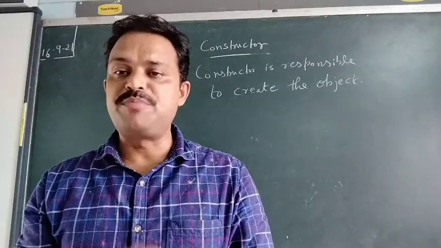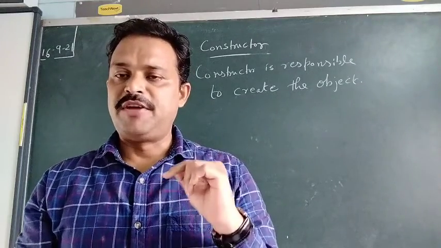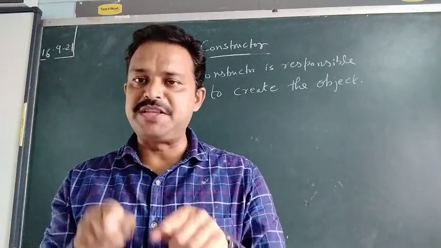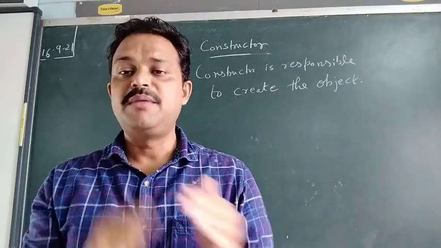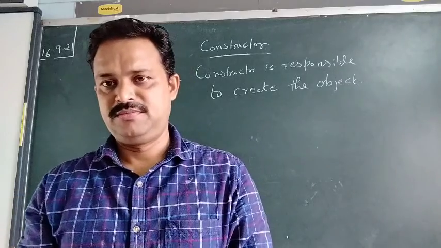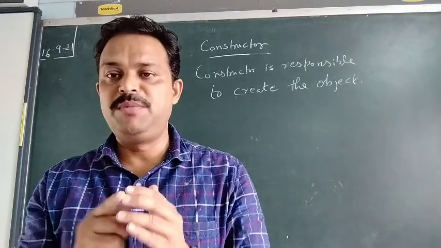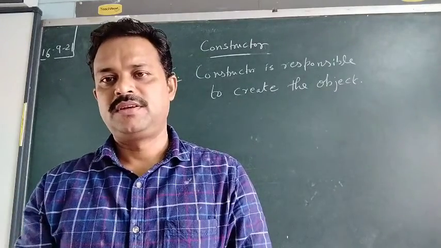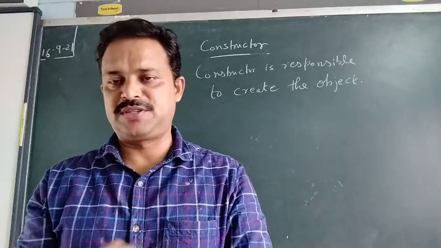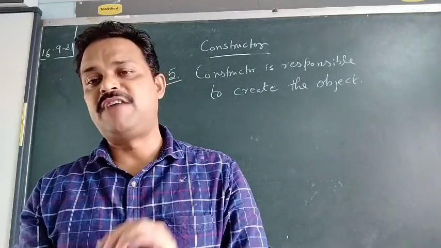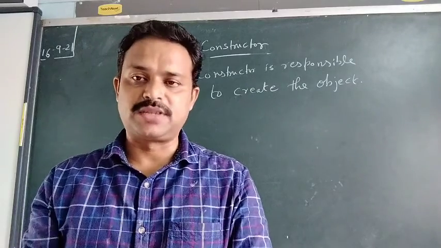Sir, why are we destroying the object? Because when the object gets created, it allocates the space in the memory. So we need to destroy the object. If you destroy the object, memory will become free. And we want space in the memory so that other programs can execute. Okay, but in Java we are not making a destructor.